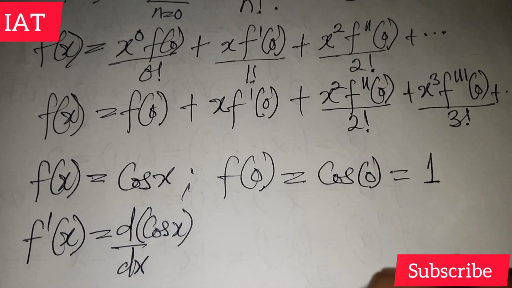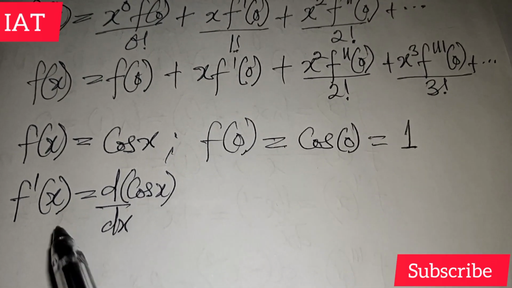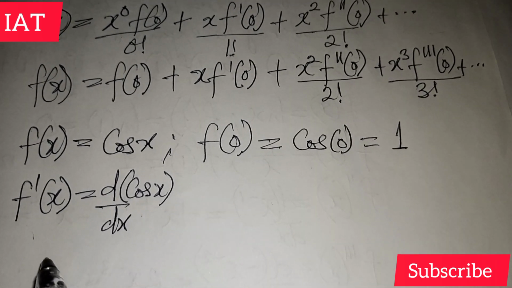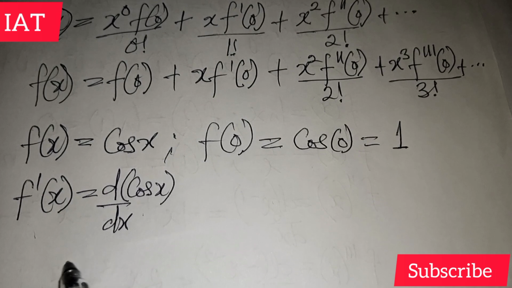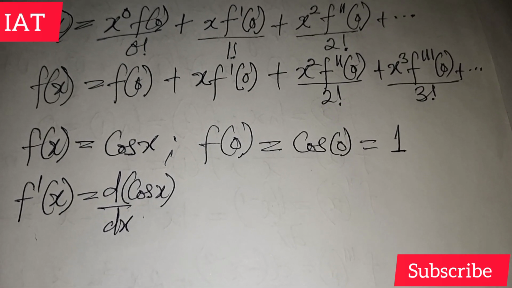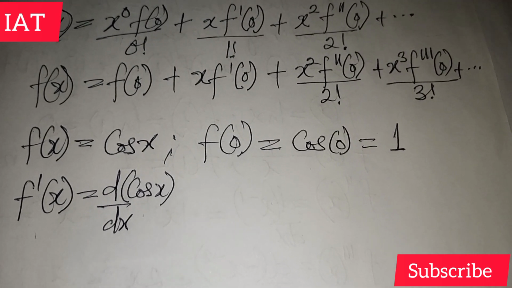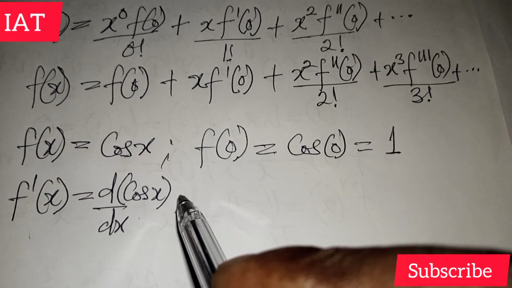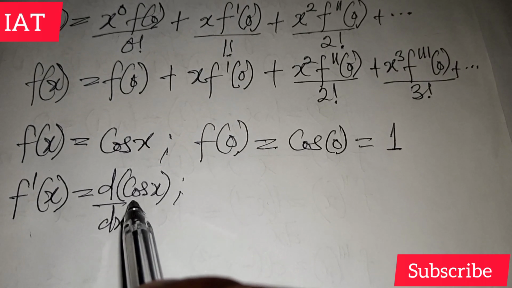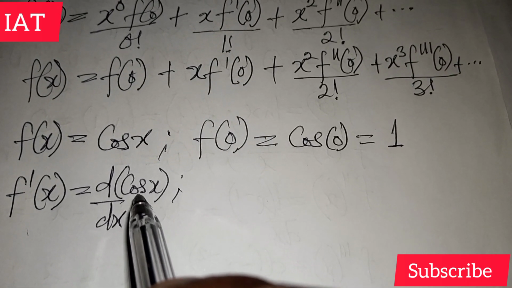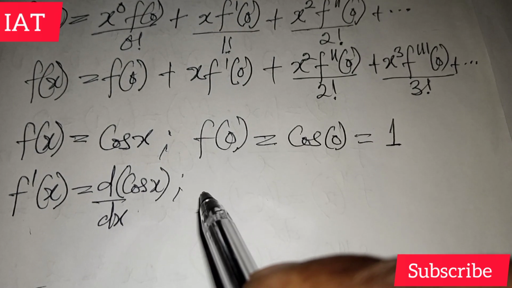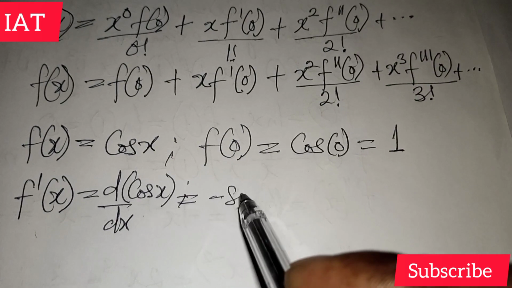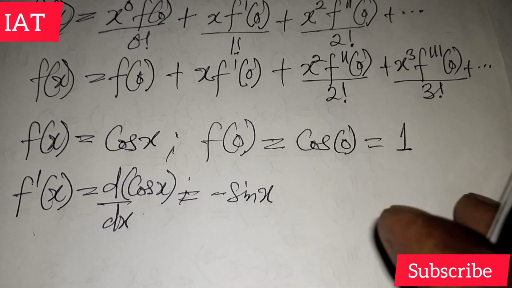Later, when taking the second derivative, it is d squared y over dx squared. So what is the derivative of cos x? Of course, it's minus sine x. If you differentiate cos x, you have minus sine x. Take note of that.